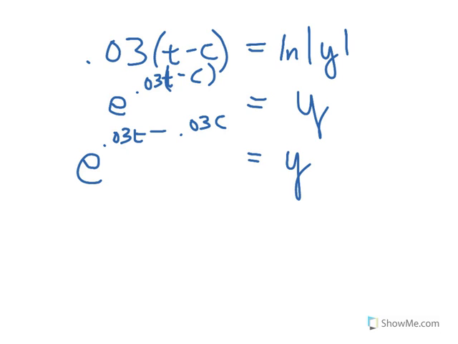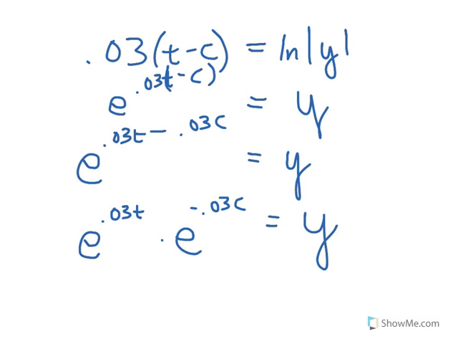The rules of exponents say that if I have a sum or a difference, I can actually write that as two different versions of e to something. And I have good news for you. If you'll notice, this entire thing right here would simply be a constant.